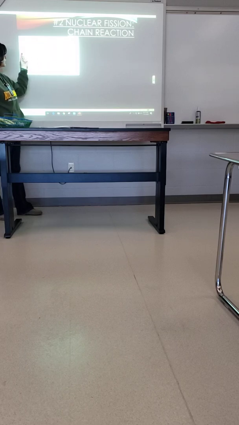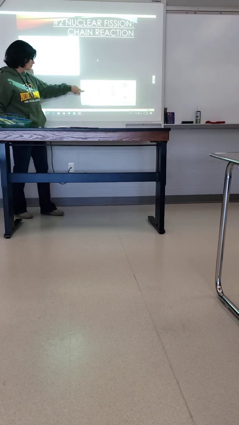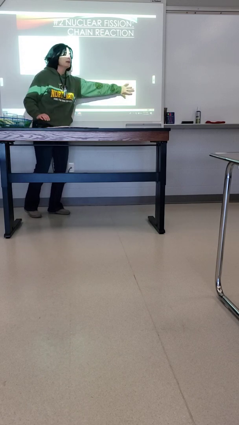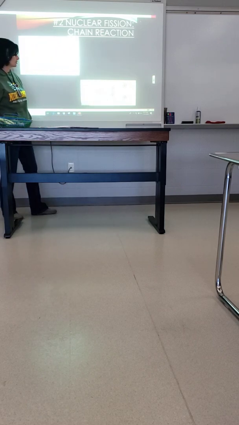Those neutrons are now available to hit into their own large nuclei, and this is where the chain reaction part comes in. You can see it down here as well. 1 neutron hitting into this uranium-235 isotope, it does it in. It's 1 too many, and it just causes it to split. So you see it split apart, and you get 2 smaller nuclei that are formed, and it releases 3 neutrons in the process.